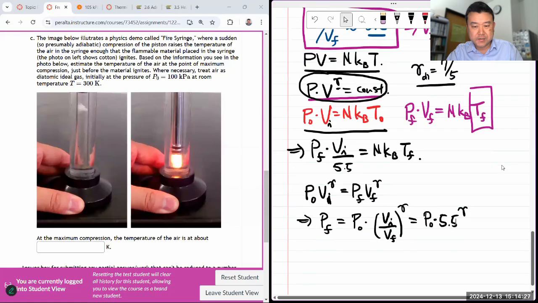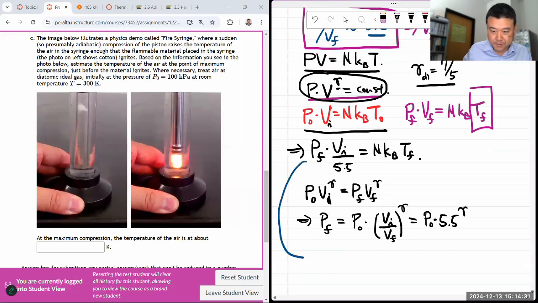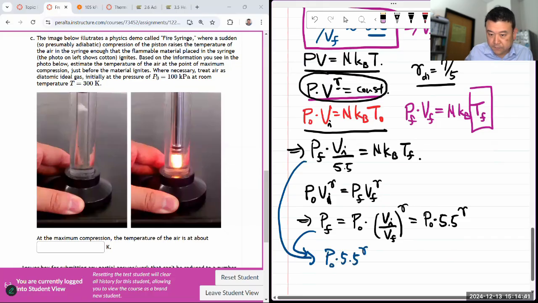I'm doing this a much longer way than I had to because I'm a little disorganized, but let's just finish it up within the time limit, and that's really what counts. So plugging in P final, it's P naught times 5.5 raised to gamma times V initial divided by 5.5, so I can do gamma minus 1 in the powers, is equal to N kB T final.